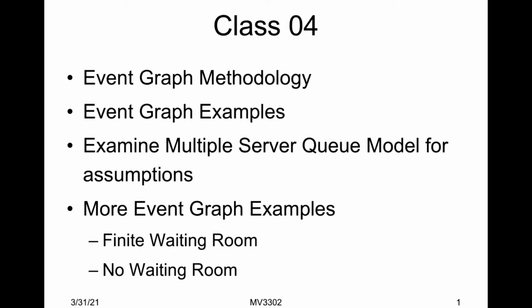Now we've dealt with the simplest possible version of that, and again we're going to reiterate using event graphs the simplest version of that. But the idea is that then what you do is you examine it for assumptions, and assumptions can be explicit. There are explicit assumptions such as the kinds of parameters and other things.